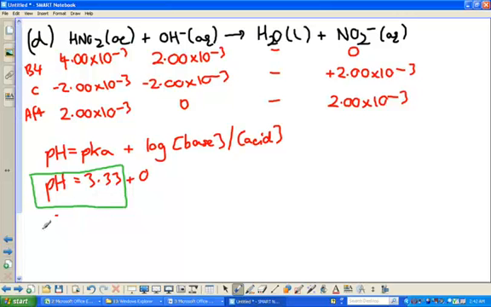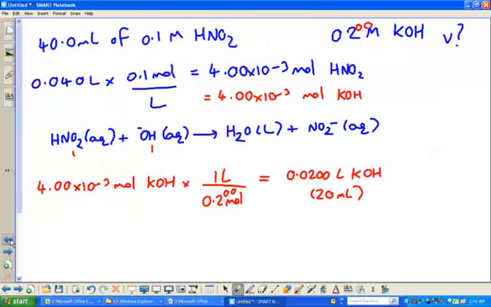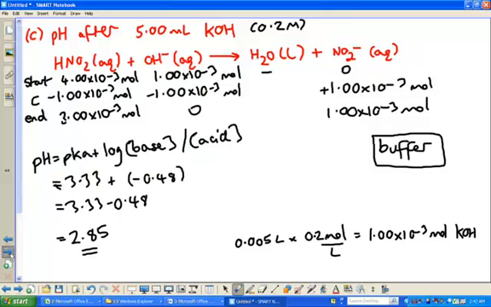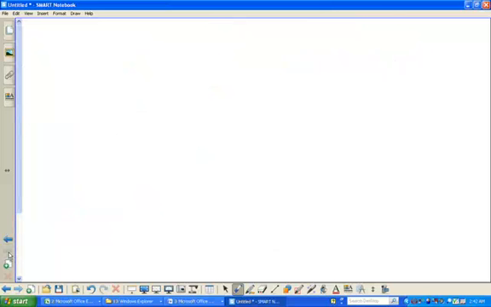Okay, now for the last part, being part E, which is the pH after 40 mLs of KOH has been added. Alright. Once again, we need to know the number of moles of the KOH that we have added, because all we have is a volume. But once again, I'm going to write out the equation again. It's always important.